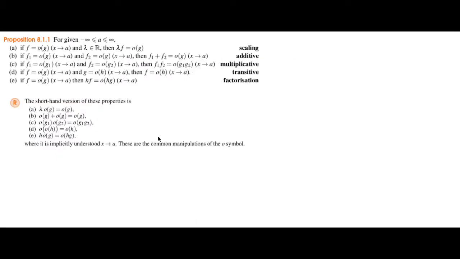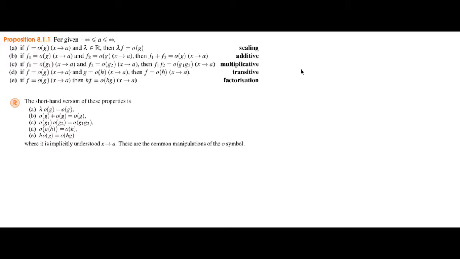Okay, so there's a set of basic properties that make this notation very useful to work with, and that's why we use them, right? And so there are 5 of them, and they will be very similar to other properties that we've seen before. So for instance, the first one is that the small o scales, right? So if we have f is small o of g when x goes to a, and we have a lambda, a real number, then lambda times f is also small o of g, okay?